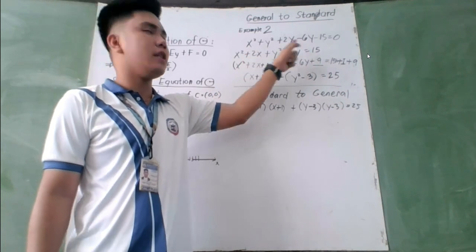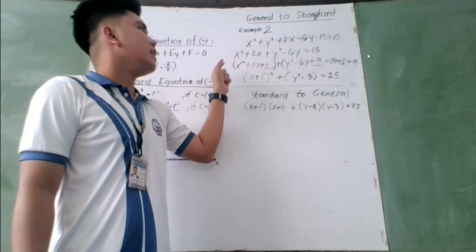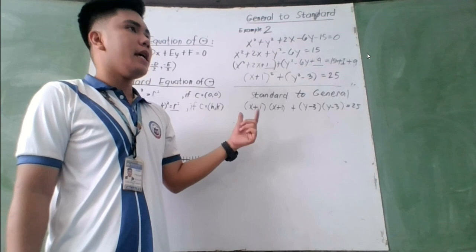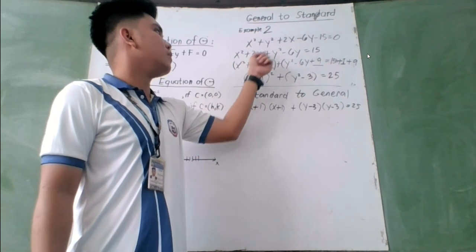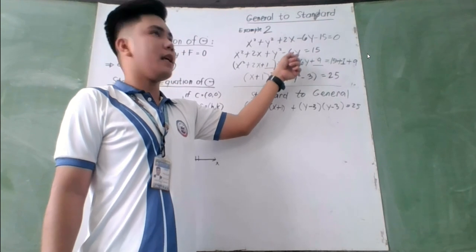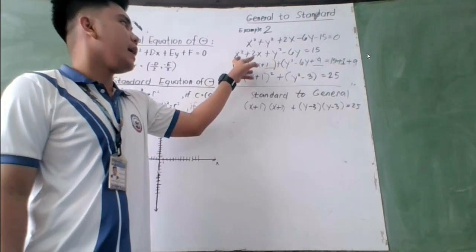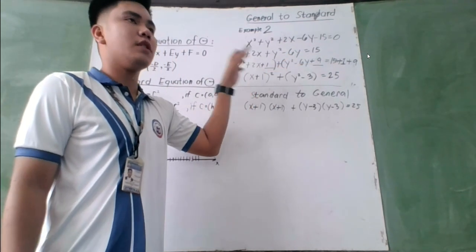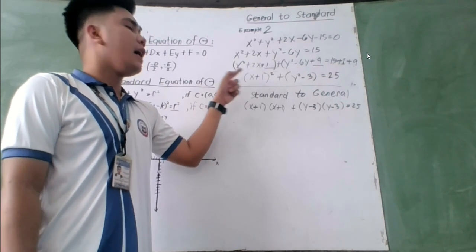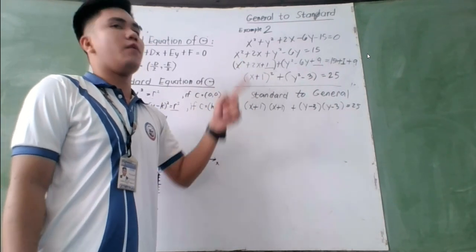You have this general equation. Next, you need to combine or pair the same variable. You have x squared plus 2x, y squared minus 6y is equal to 15. Pair the terms which have the same variables. Next step, find the third term of this perfect square.